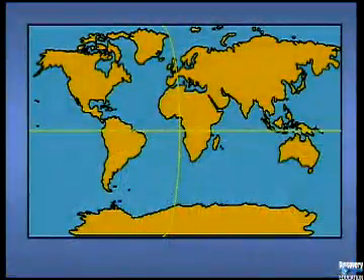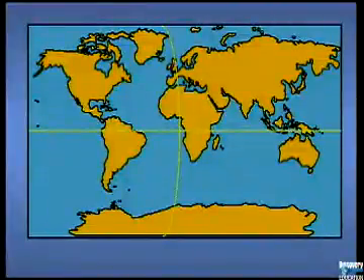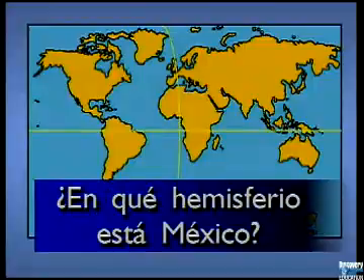Okay, well, let's go ahead and look at the map of the world to see if we can start off by answering this question. ¿En qué hemisferio está México? Now, to help you answer that, I've included a couple of lines here on the world map. Aquí está el Ecuador, the equator, y el primer meridiano, and the prime meridian there. And those divide up the hemispheres, right?